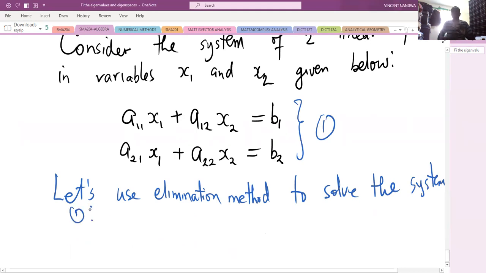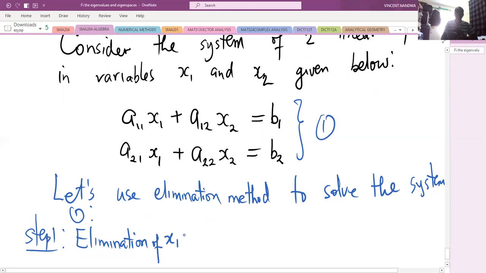The first thing I want us to start with is eliminating x1. So step 1, elimination of the variable x1. To eliminate x1 means that now we have to generate similar coefficients for x1 in the first equation and in the second equation.